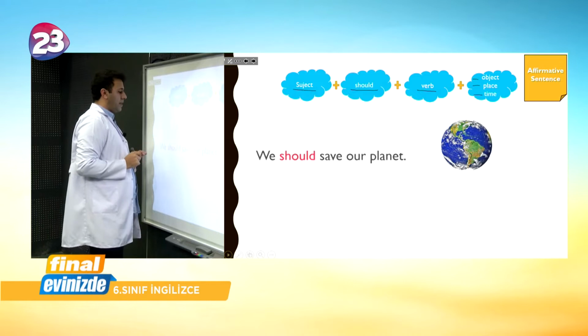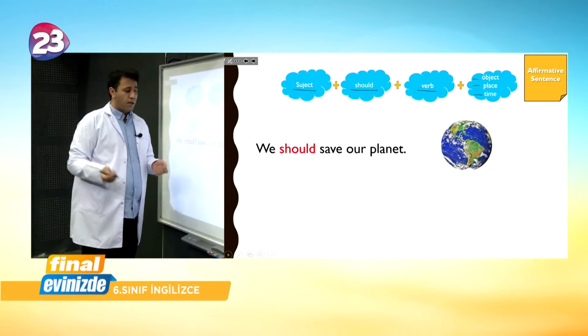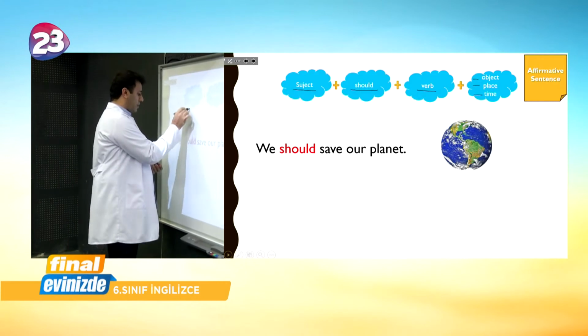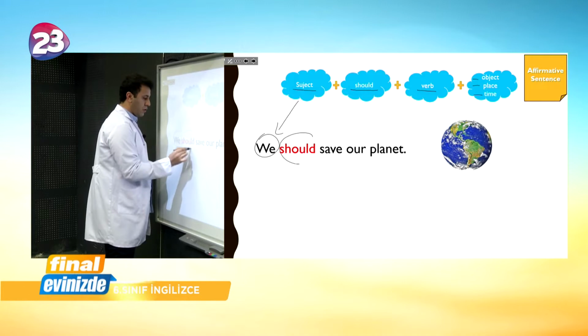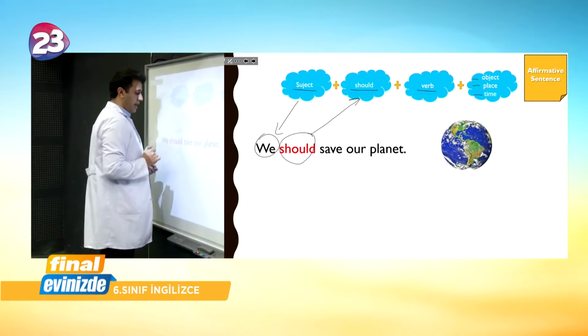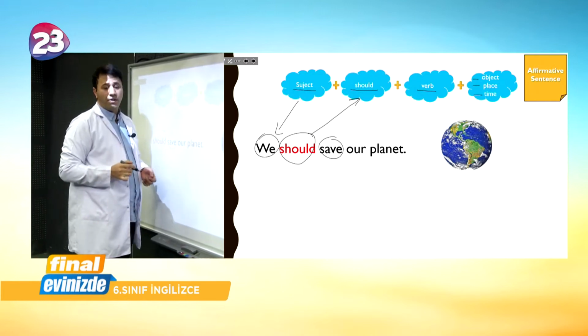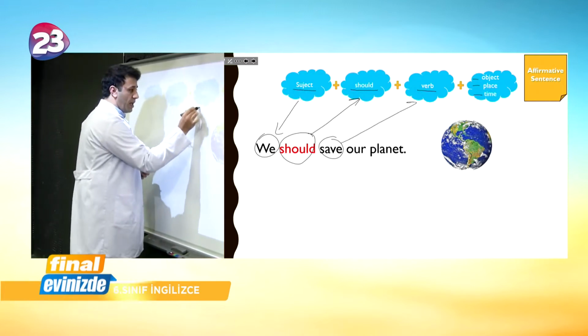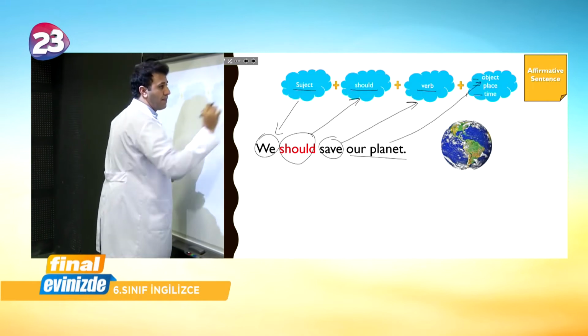You will understand better. We should save our planet, okay? Let's check together. We is subject, should, as you see, save, it's base form of the verb, and our planet is object.